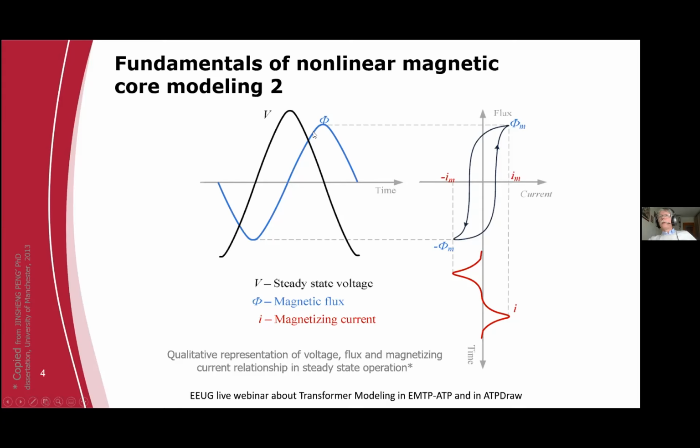If the flux reaches this region on that hysteretic curve, it reaches a point where the current and flux have a more complex relationship than a linear one.